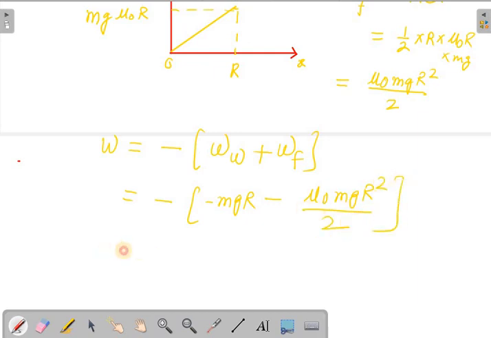On simplifying, this work W comes out to be mgr into 1 plus mu naught r divided by 2. Okay, this is basically the third method.